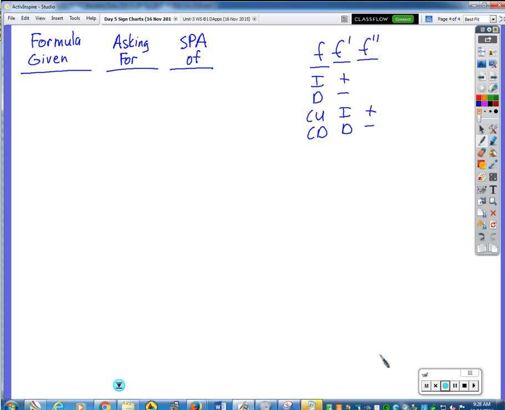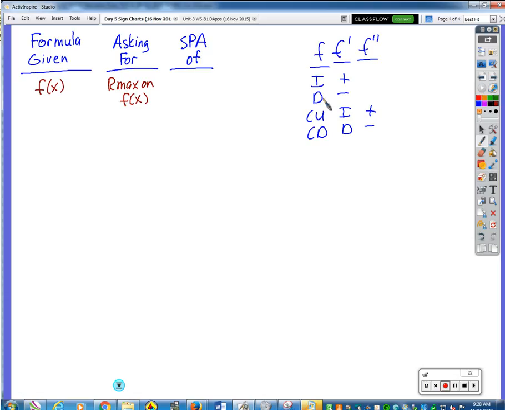Okay, so for example, they give me the formula for F, and they ask me to find a relative max on F. I need to do a sign pattern analysis. So you look over here. F has a relative max when F changes from increase to decrease.